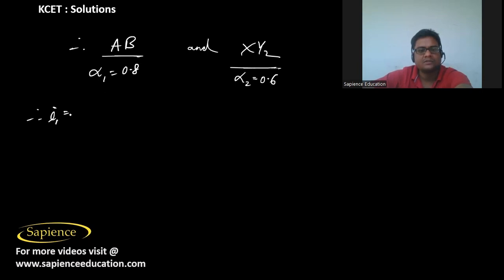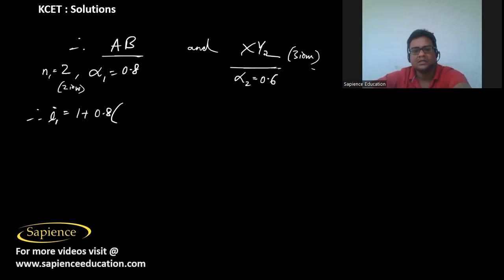I1, that is the Van 't Hoff factor for AB, that is 1 plus alpha 1, 0.8 into n. Now here n1 is obviously 2, since it can give two ions. And XY2, obviously it can give 3 ions, one X plus and 2 Y minus ions. So here n2 will be equal to 3.